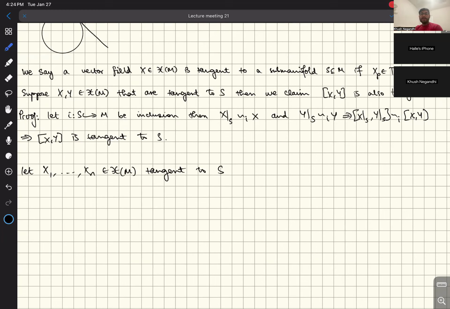And if they are, and S is an n-dimensional submanifold, this means that these are a basis.